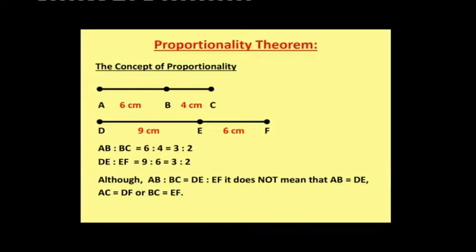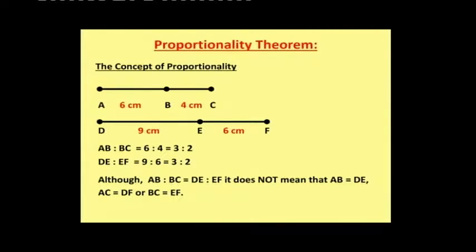You agree with me? And if you write that in a simpler form, divide both by 2, we get 3 to 2. Now if you look at the bottom, DE to EF is 6 to 9. Divide both by 3, then you can see we also have 3 to 2.